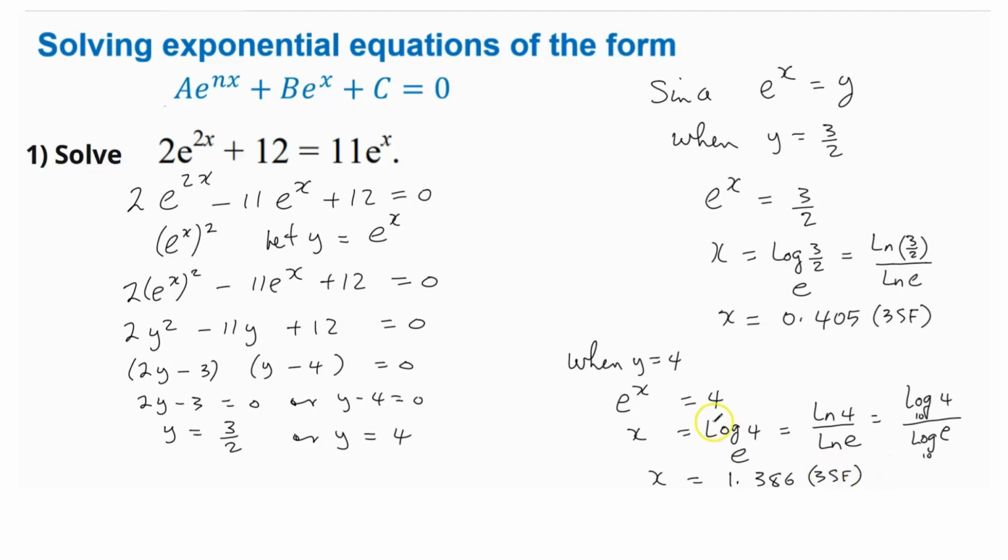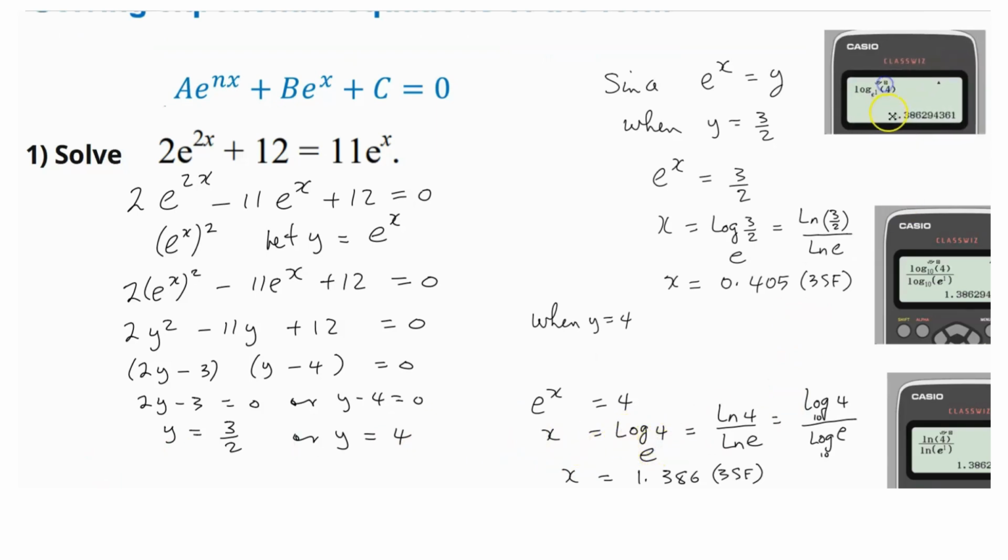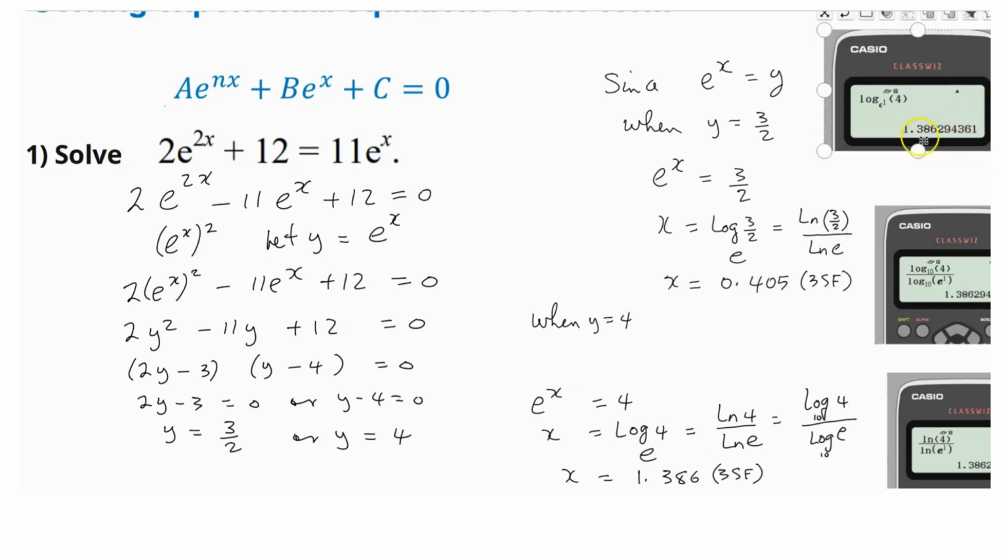Okay, so we can look on our calculator screen just to see the values of x. So x here is equal to log 4 base e. So on our calculator here we have log 4 base e, and we get 1.386 to 3 significant figures.